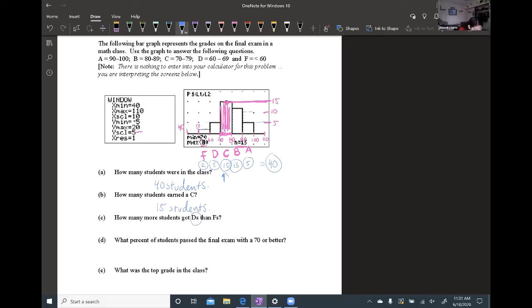So D, 5 people got D's, and then F's, 2 people got F's. So they want to know how many more students got D's than F's. So how many would that be? More students. 3. 3, perfect. 3 students.